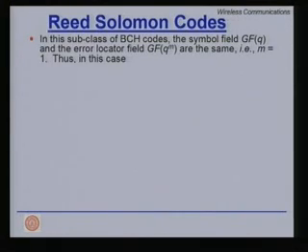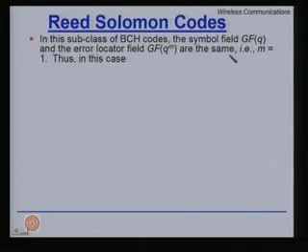So, in this subclass of BCH codes, the symbol field GF(q) and the error locator field GF(q^m) are one and the same. That is, we are dealing with m is equal to 1. So, the base field and the extension field that we are talking about for so long are one and the same.